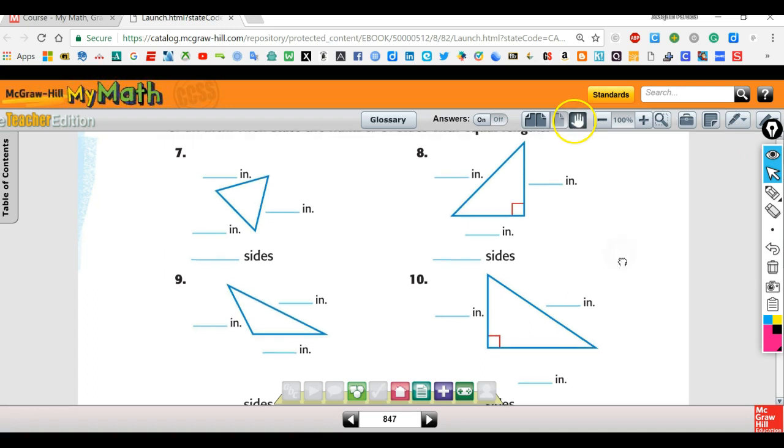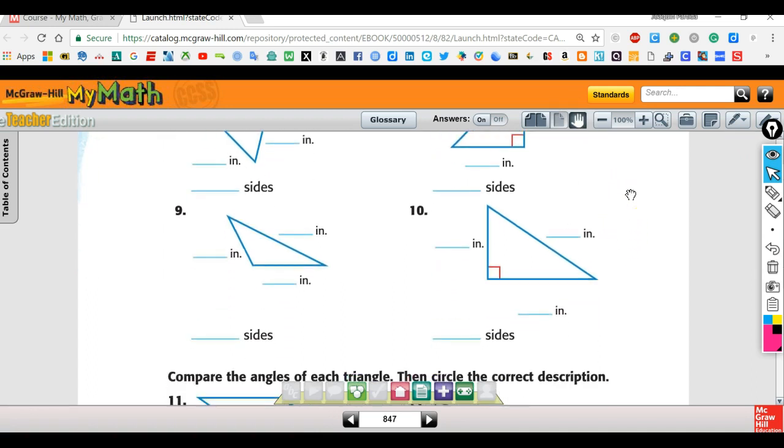Okay. Number 9, how much is this side right here? 1.5.